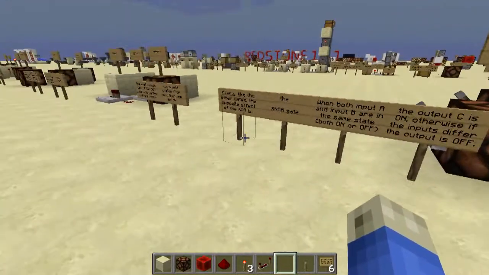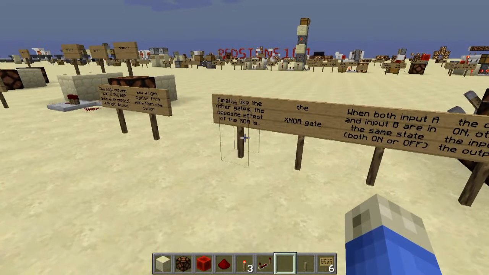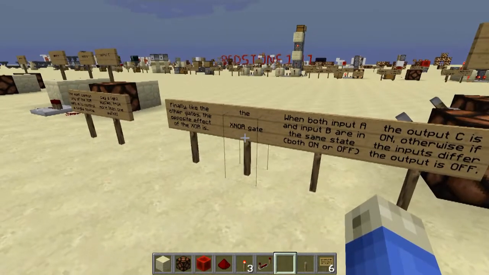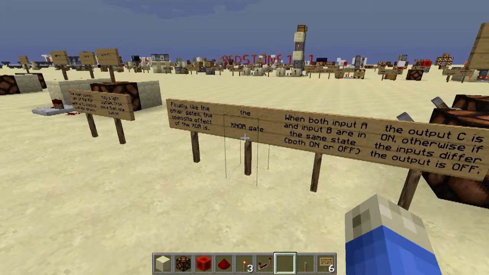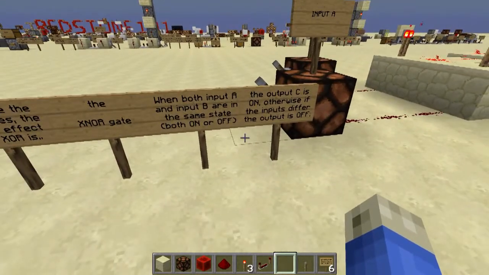Now, just like all the other basic gates, the Xor gate has an opposite, a not Xor gate, known as the XNOR gate. And here is the spelled out logic of it. When both inputs A and input B are in the same state, when they're both on or both off, the output C is on.